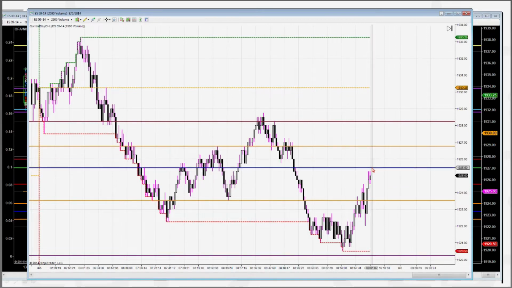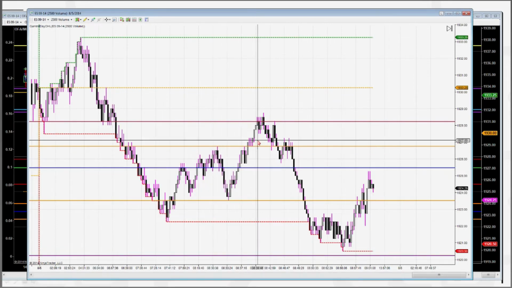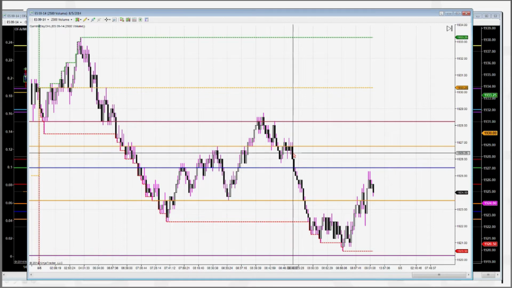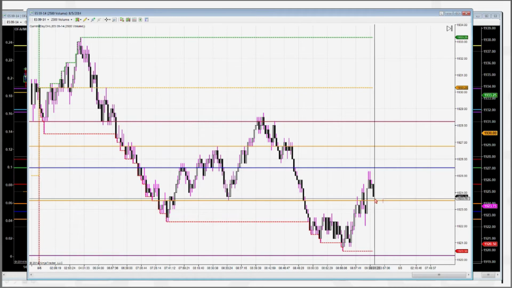So as price is moving up, and somebody asked me this question yesterday, how much weight do I put into the open? I'll watch the open right now, but it's already proven that price is just passing through the open. It doesn't seem to have any relative importance, at least at this point. So price has moved up, and I'm not even looking at the print, I'm just looking at this.